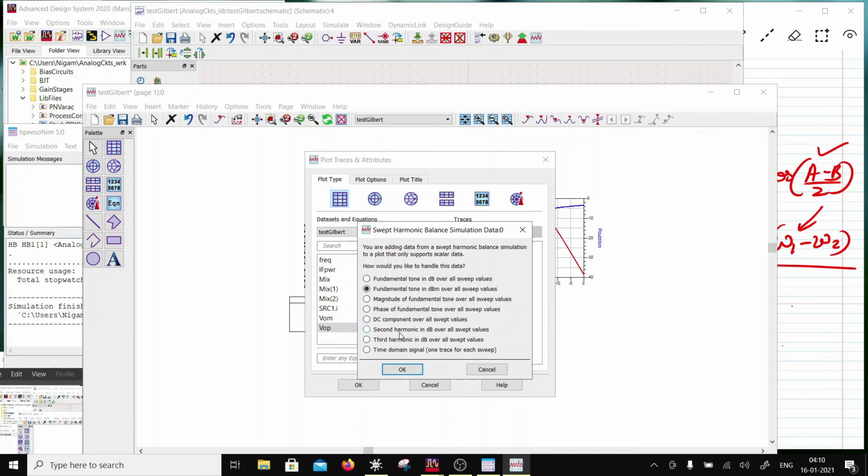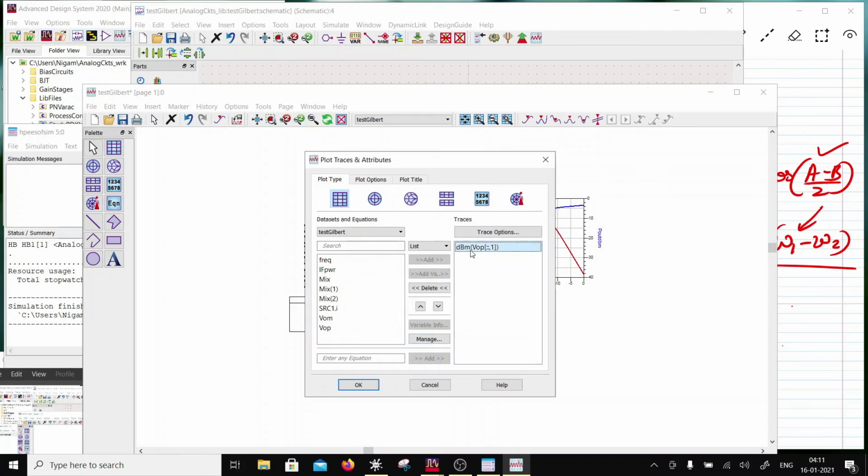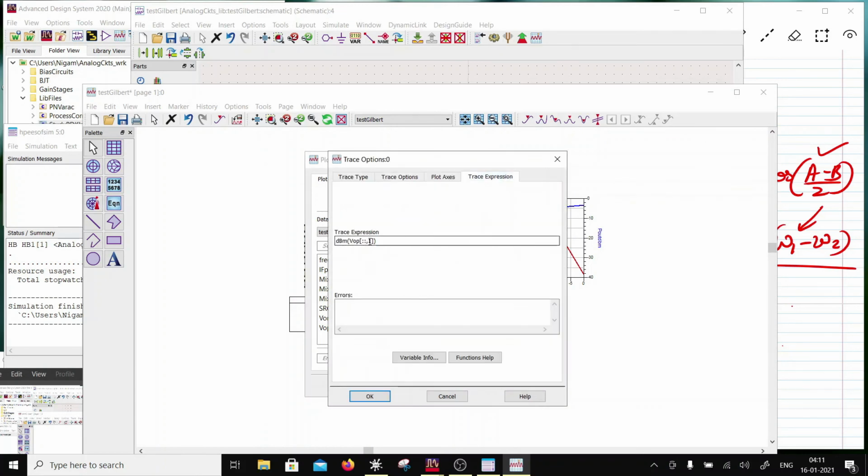That's okay. We can put here dBm, fine. Okay, so here I have to go make changes. So we are looking at VOP at an index of n.